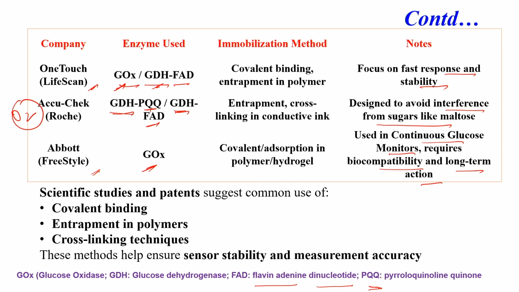Further, you can see how the enzymes were immobilized: covalent bonding, entrapment and cross linking, and covalent and adsorption. So, these are the different techniques which have been applied on different surfaces, but it is important that the sensor stability and measurement accuracy should be maintained, meaning enzyme activity should not get compromised.